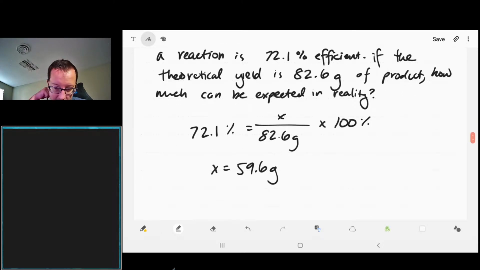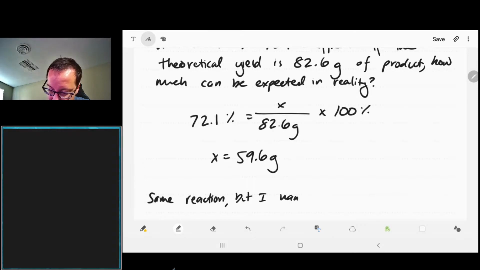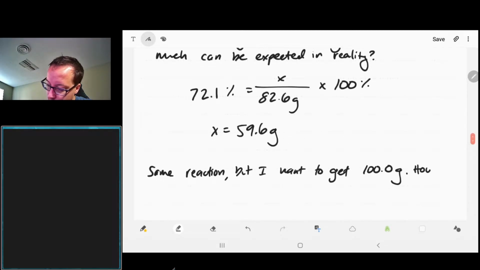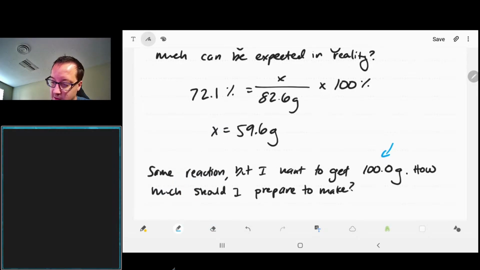All right, or we could say same reaction, but I want to get 100 grams. How much should I prepare to make? So hopefully, this is a little bit of reading here, but I want this amount.